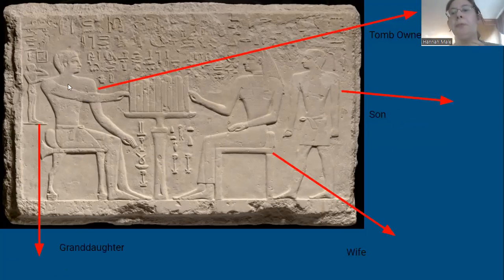So a common pattern for the Old Kingdom, and beyond that as well, was for the tomb to be a shared tomb for the husband and wife. So the person who commissioned the tomb and owned it was the husband, and then he died, and then his wife was buried after him, if she died after him, but they were buried in the same tomb.